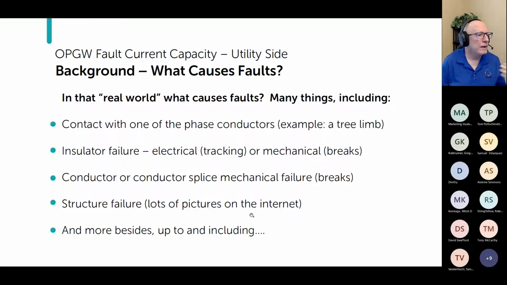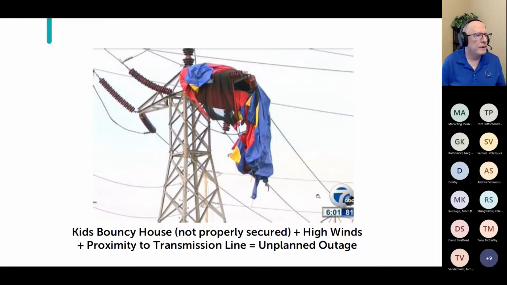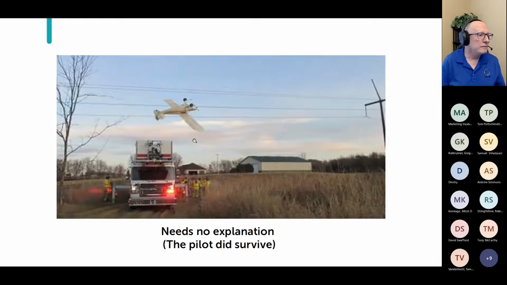So in any case, there are many more possibilities up to and including a kid's bouncy house. So you set up a bouncy house near a transmission line. When there are high winds and you don't properly secure it, you can get a fault from a kid's bouncy house. Or here's another possibility. I'll note that the pilot did survive this.